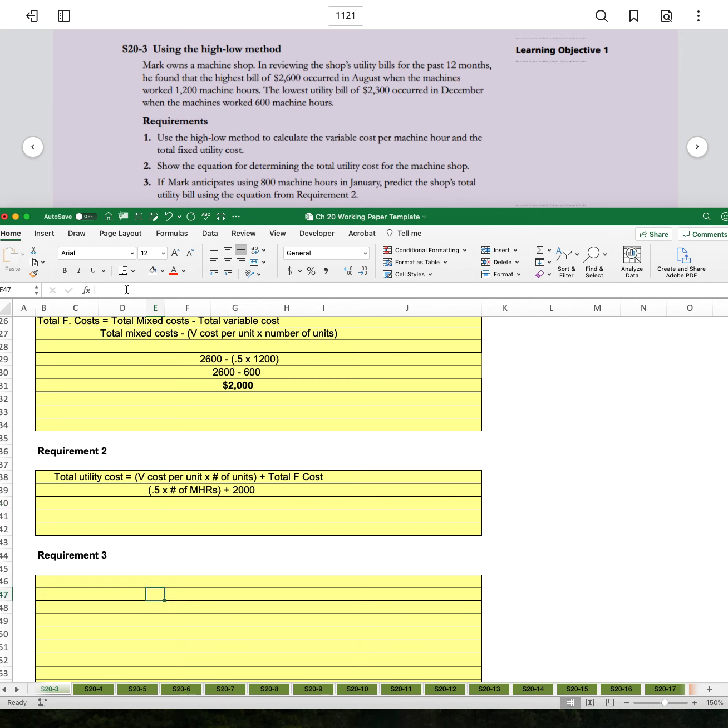And so to plug in 800, we would have 0.5 times 800 plus 2,000, which will give us 2,400, but we'll go ahead and just keep doing the math down here.